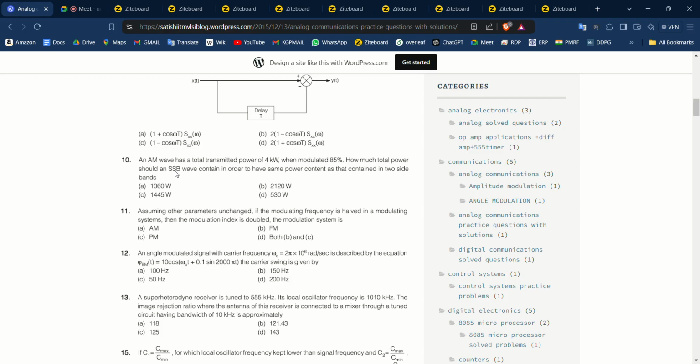How much total power should an SSB wave contain in order to have the same power content as that contained in two sidebands? So we have an AM wave where 4 kilowatt is transmitted and 85% modulation is done. So we have to find the total sideband power. So the question is to find the total sideband power.